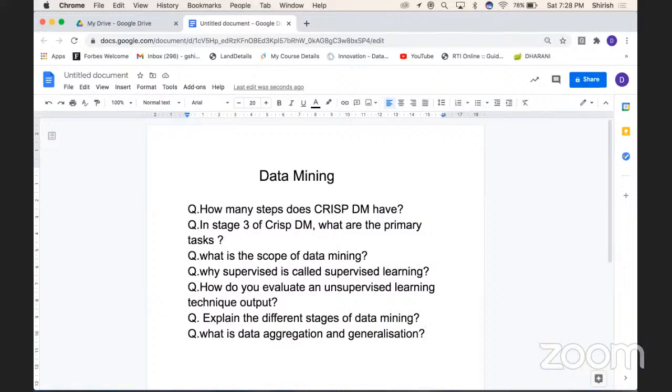See, data is combined. You are aggregating together for analysis. Data aggregation, the name itself you can understand: you are aggregating the data, combining it for further analysis. But what is generalization? The name itself you will understand.